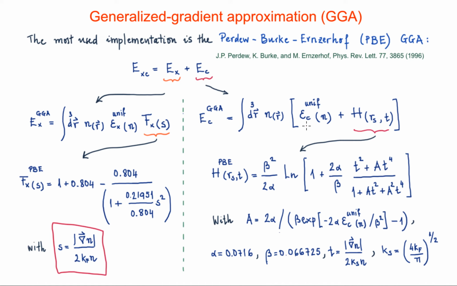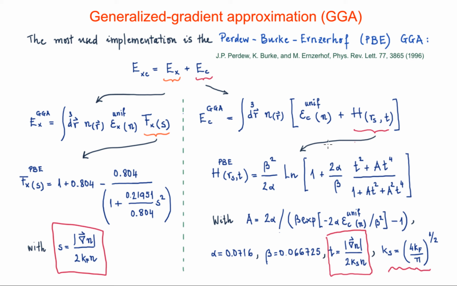Again, this is the density, and that's the correlation energy of the uniform electron gas as a function of the density, plus some function that gives you the gradient correction to this correlation energy. The implementation of this H function depends on the rs parameter, which is the average interelectronic distance, which of course depends on the density, and on t, which is again a dimensionless quantity very similar to s, but in this case, instead of kF, you have a ks, which is related to the kF vector.